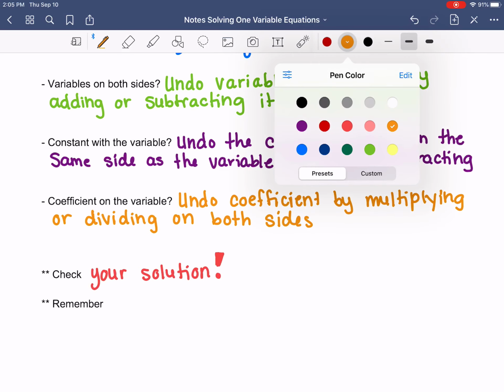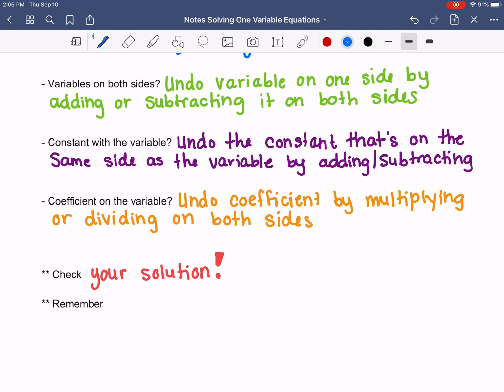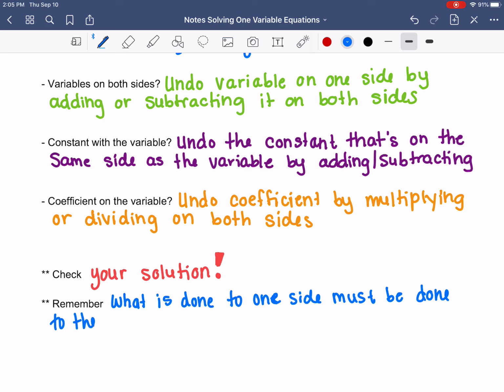And that other little reminder is just what I said: what is done to one side must be done to the other, to keep the equation balanced.